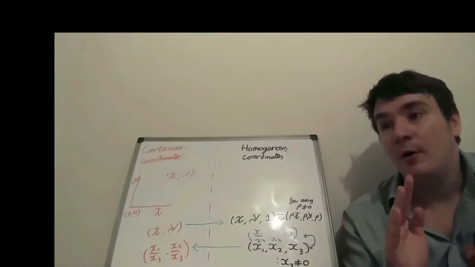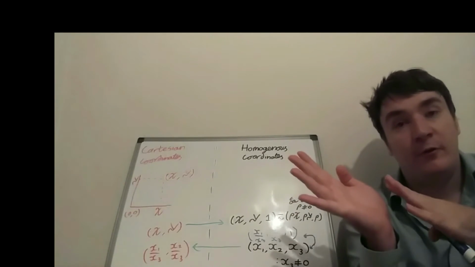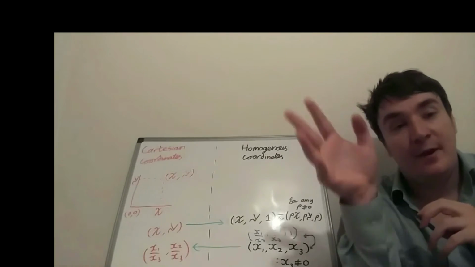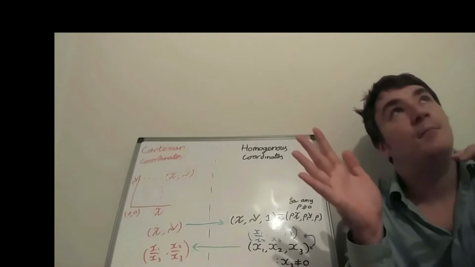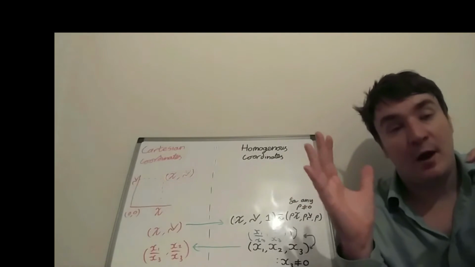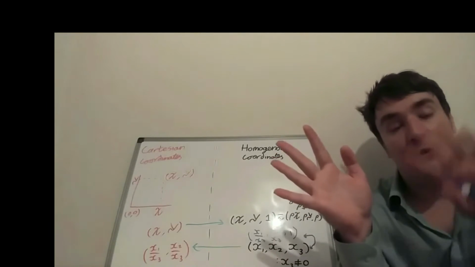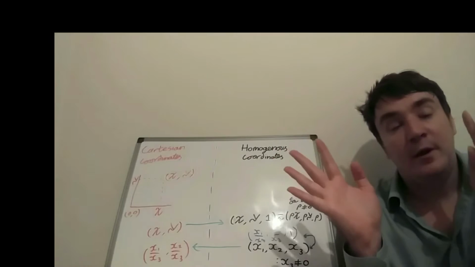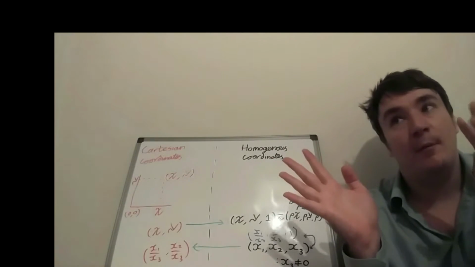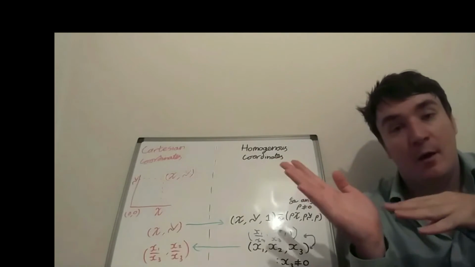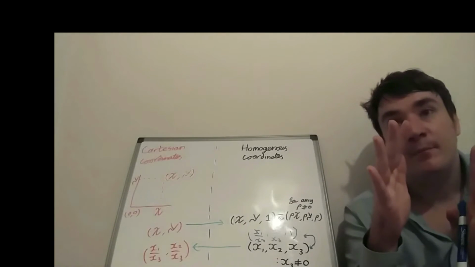And in doing so, by adding these points, we complete the system, and then we're able to see more clearly this kind of duality which happens between points and lines. So we can see our point-line duality working algebraically.